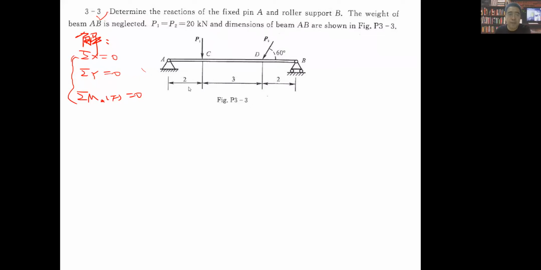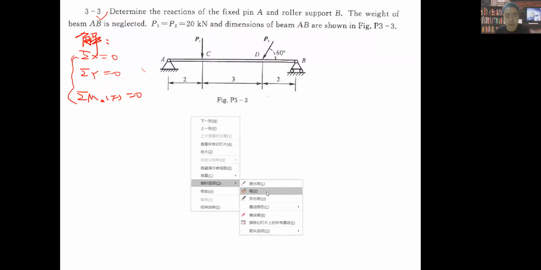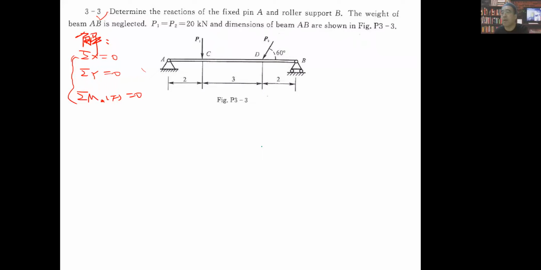So maybe I will change my pen into another color to show you guys how to do this. And use maybe color green, okay? Because you guys know, actually this is a fixed pin A, right? So in order to save our time, I will just give the reactions on the original picture.